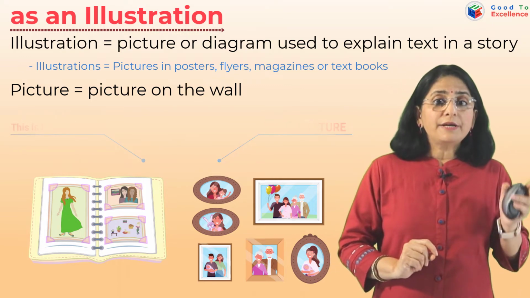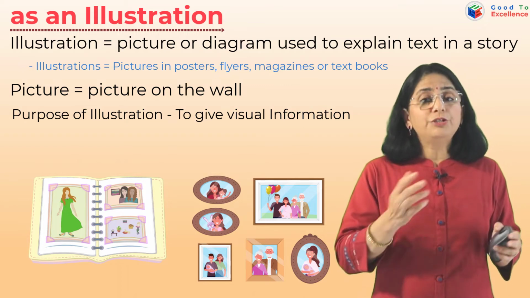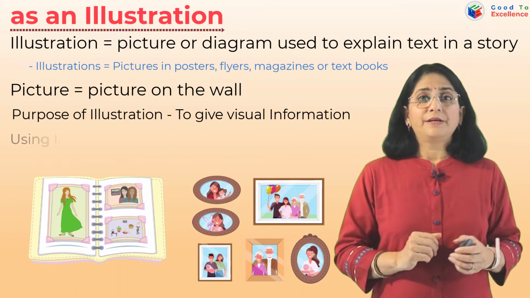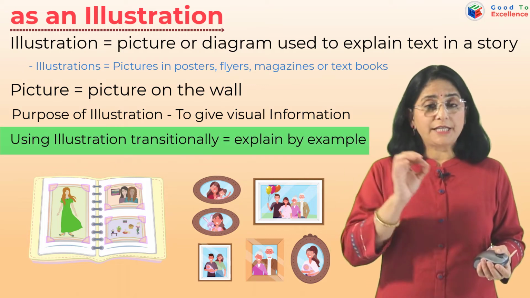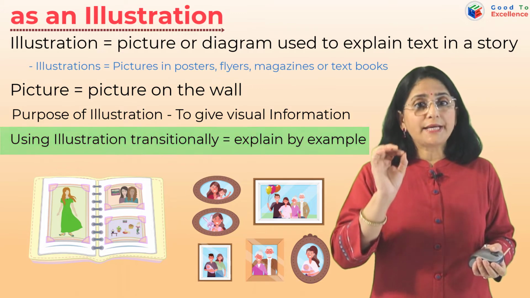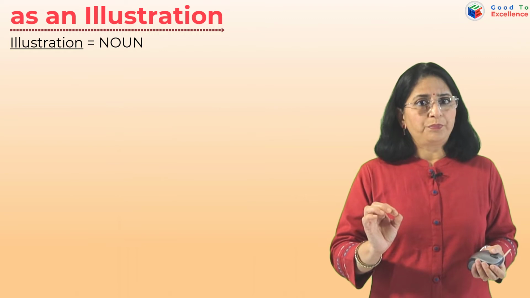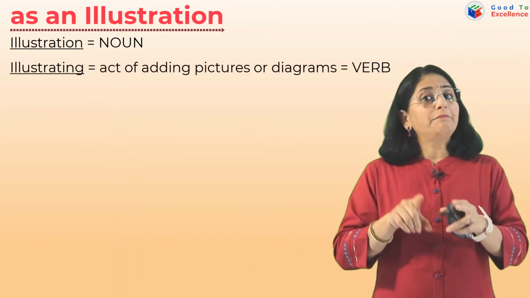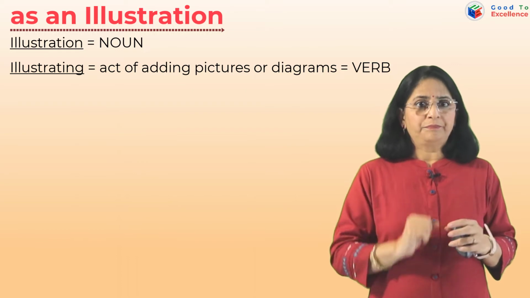The purpose of an illustration is to explain or give people visual information. So, when we use illustration transitionally in our writing, we use it to explain by example. Illustration is a noun. The act of adding pictures or diagrams is the verb illustrating.